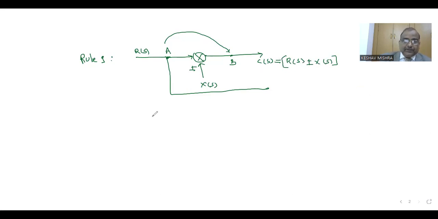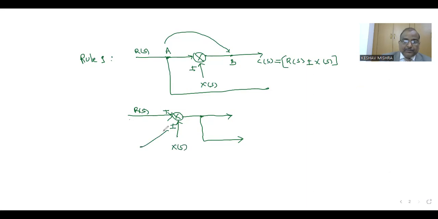And in the second case, we move this takeoff point from position A to position B. From position B, this is input RS, this is plus, and the second input to this summing point is XS.